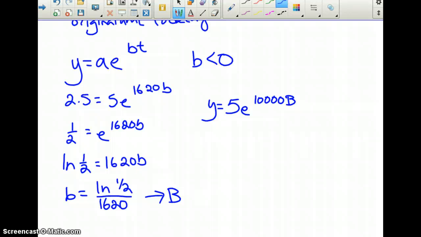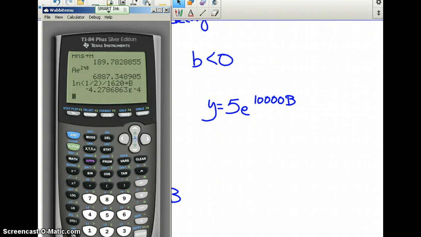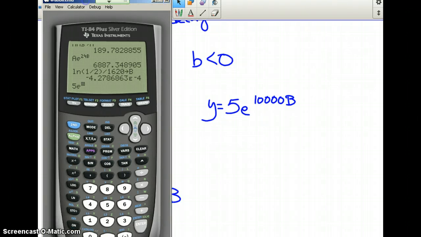So all I need to do is type this in. 5 e to the 10,000 alpha b. 0.0693.